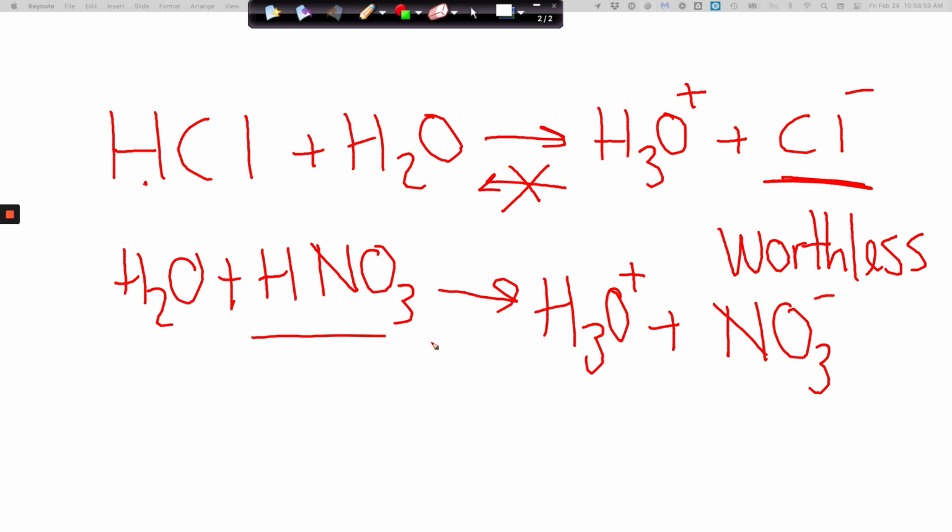Because this is a strong acid. It doesn't go backwards. But guys, the cause and effect is actually the other way. We don't say that this is worthless because this is strong. The chemistry is actually, this is strong because this is worthless. Does that make sense? So all 7 of the strong acids, all of their conjugate bases are worthless.